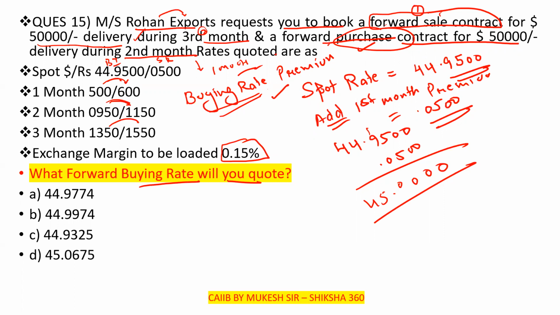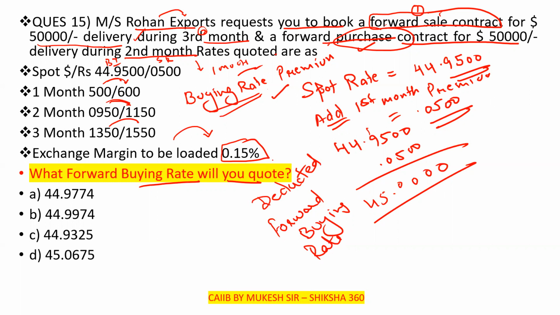So what is the margin? As we have already discussed, at the time of buying, margin is to be deducted, and at the time of selling, margin is to be added.